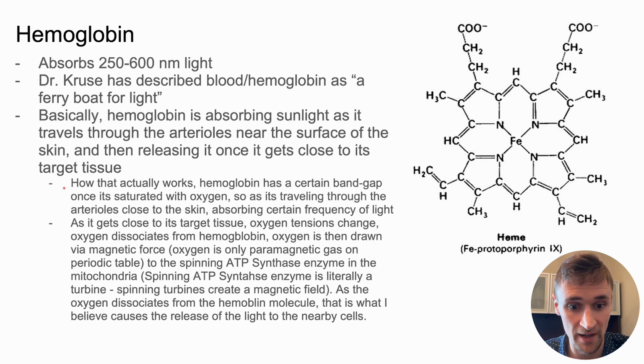And this is my hypothesis of how the hemoglobin is able to release the light to the target tissue. Hopefully I'll be able to have him on a podcast soon and confirm or disconfirm this hypothesis with him. And again, it's just another reason why healthy daily sunlight exposure is critically important, because our tissues need the right light frequencies to be able to function well and stay healthy.